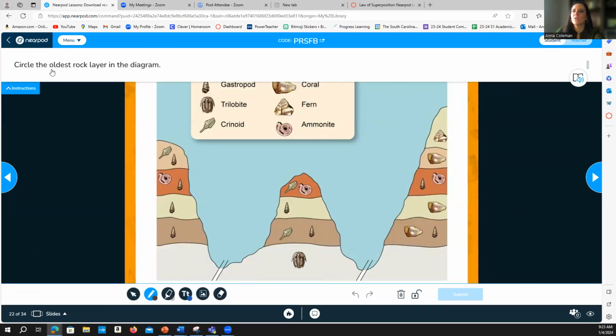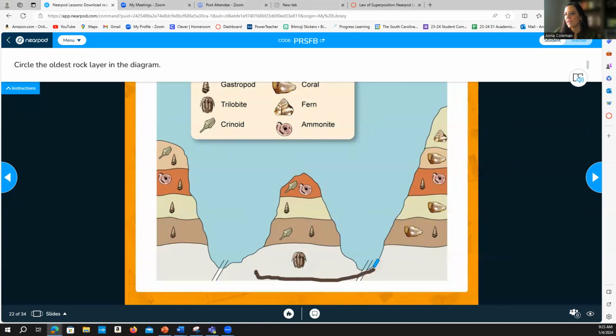So circle the oldest rock layer in the diagram. Well, if we're talking about the oldest layer being on the bottom, so circle the oldest rock layer in the diagram. That's gonna be at the bottom, just like a sandwich. So remember, we would circle this area, or you can circle the whole one.